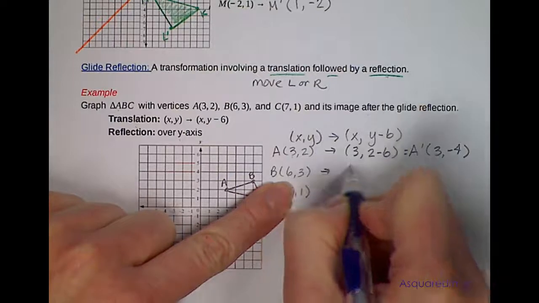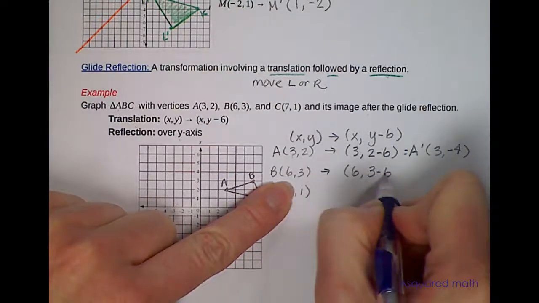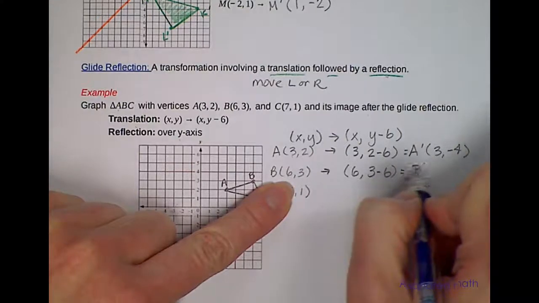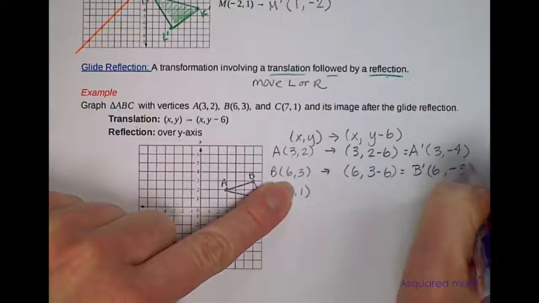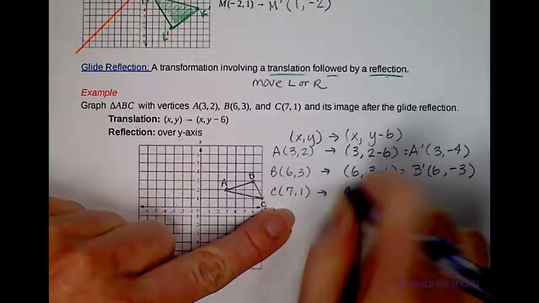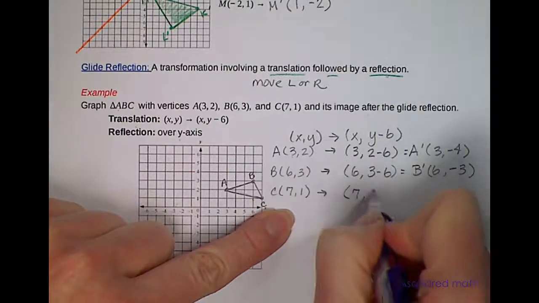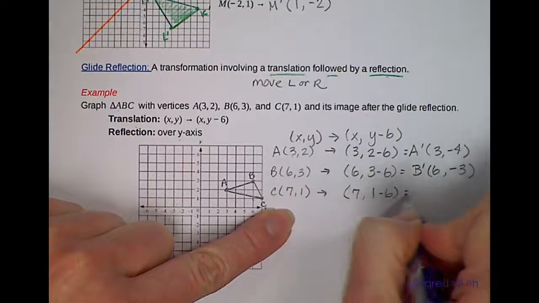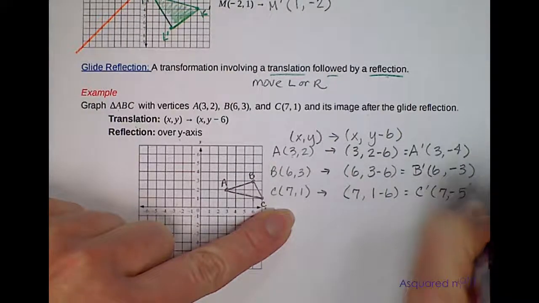B prime, applying that rule, keep our x value and take y minus 6, so we have 3 minus 6, gives us a B prime value of 6, negative 3. And then our C point, keep the x, 1 minus 6, gives us C prime of 7, negative 5.